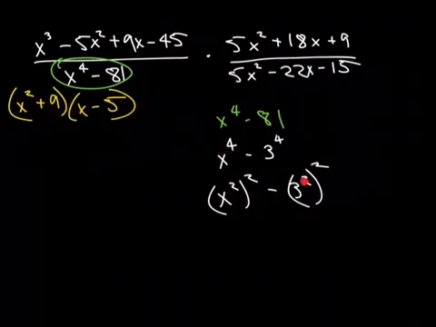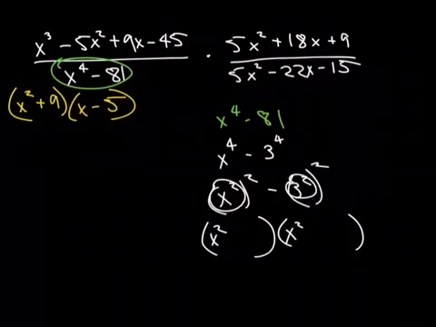We can write it this way. And that gives me the difference of two squares. So I've got an x squared in both parentheses, because that is what's being squared over here. 3 is being squared. And then a plus and a minus.